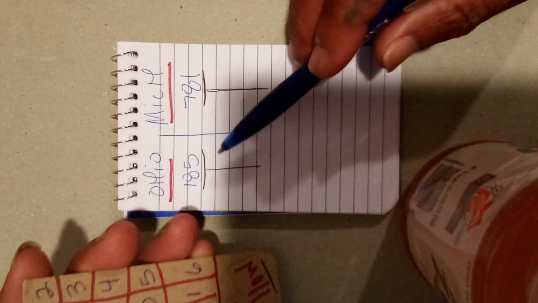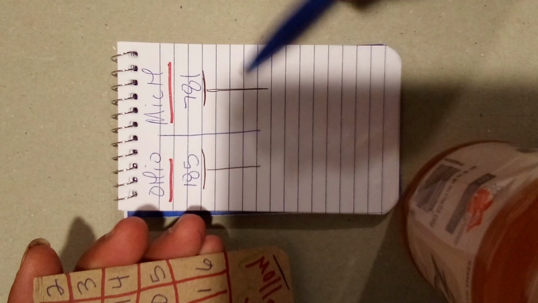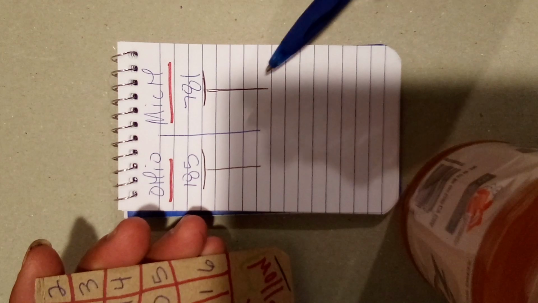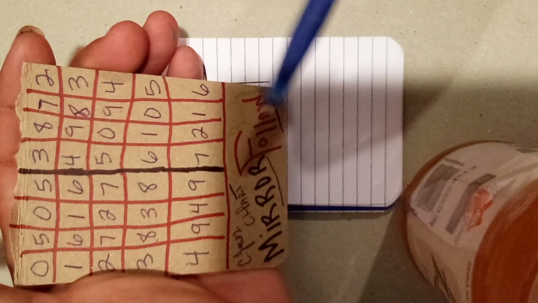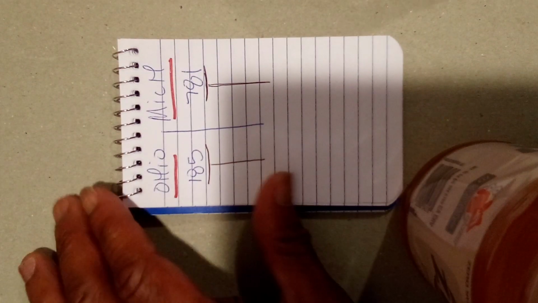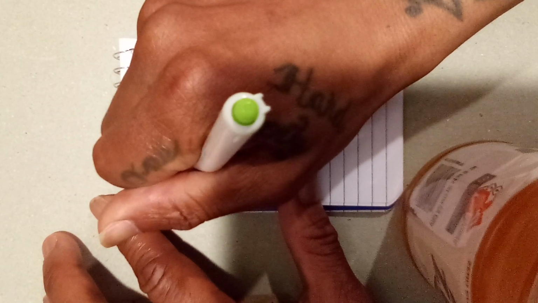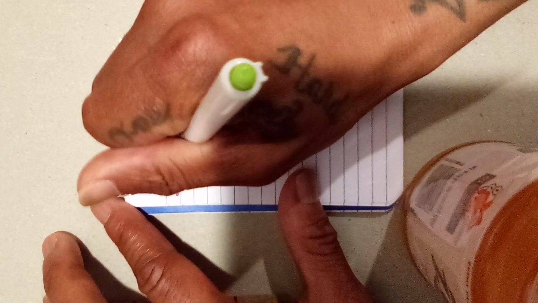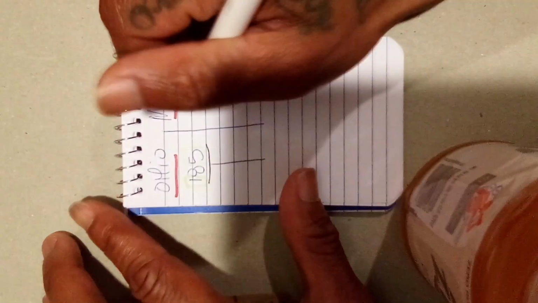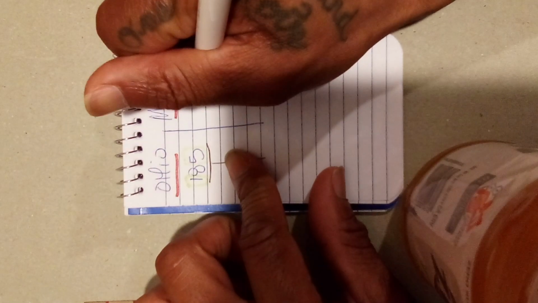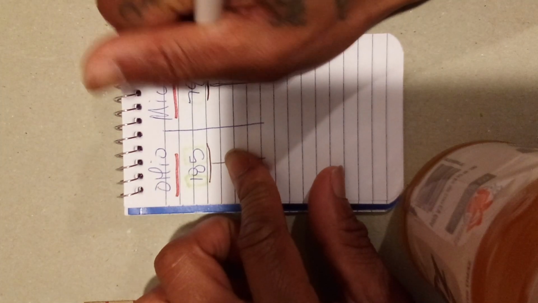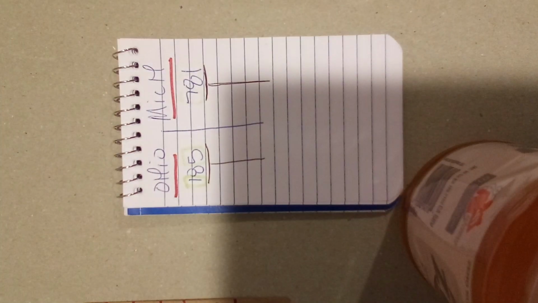We do it off of the numbers that came, but we fill them in with the pairs. And what I do is focus on the end numbers.